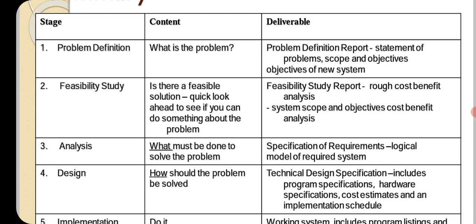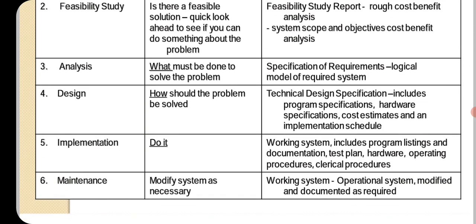Deliverables are the specification of requirements and the logical model of the required system. Fourth phase is the design phase. In the design phase, how should the problem be solved? Technical design specifications include program specifications, hardware specifications, cost estimates and implementation schedules, like that.